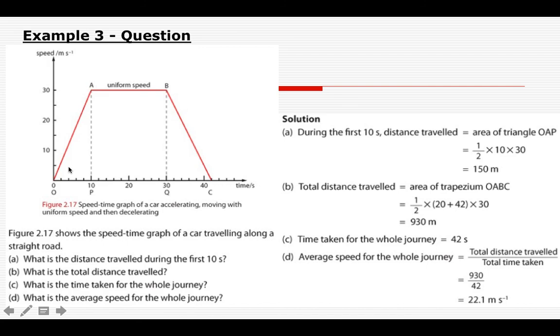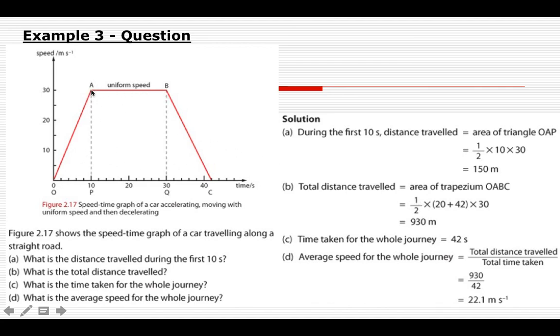If you do it by triangles, you calculate the area of this triangle, the area of this rectangle, and then the area of this triangle. Add all three and you get the distance traveled. Here I have considered this as a trapezium and used the formula for a trapezium, which is half times the sum of the parallel sides.